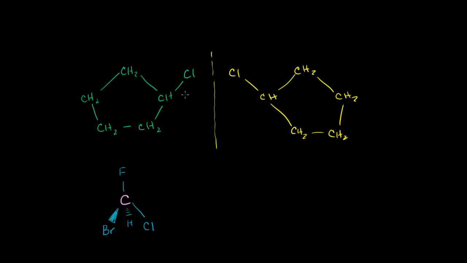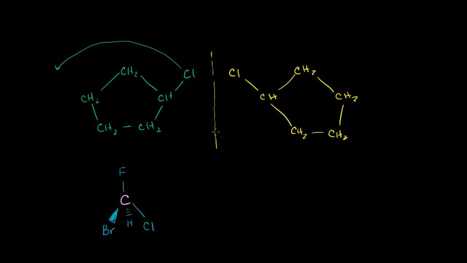Now in this situation, is there any way to rotate this to get this over there? Well, if you just took this molecule right here and rotated it about 180 degrees, so that the chlorine goes about that far, you would get this exact molecule.